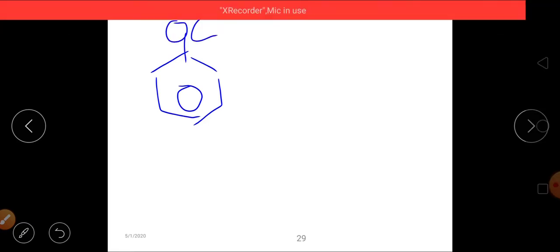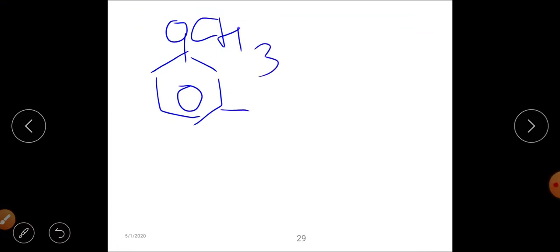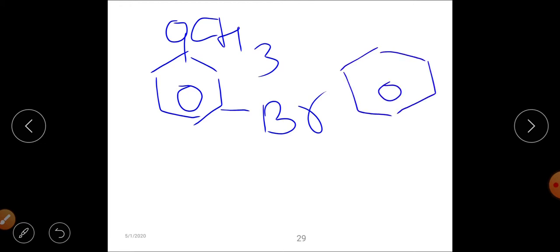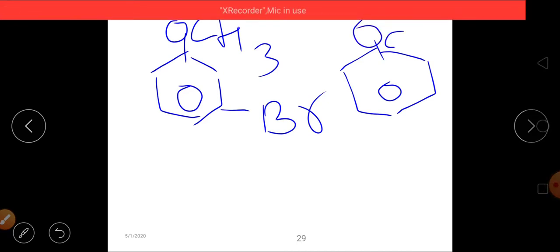For example, we have this benzene ring and this OCH3 group is attached to it, and we have this one, that is metabromoanisole, and similarly we have orthobromoanisole, right?